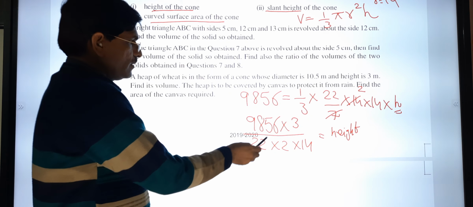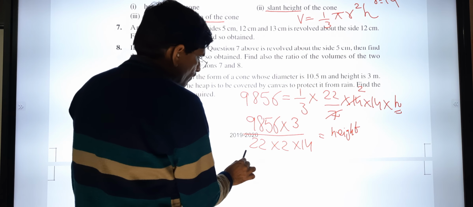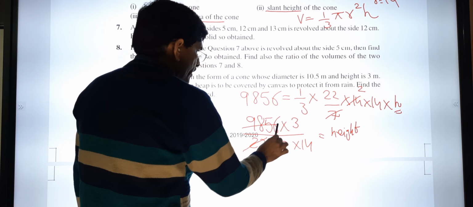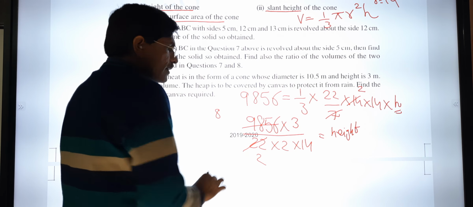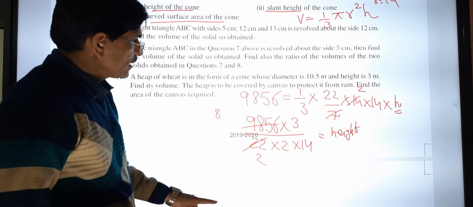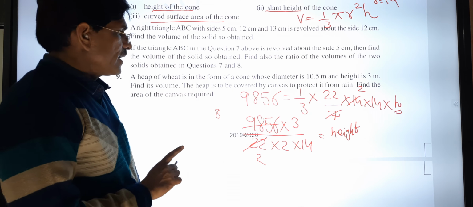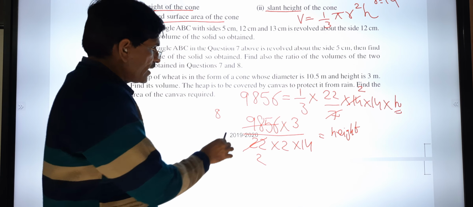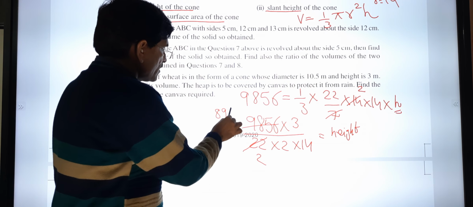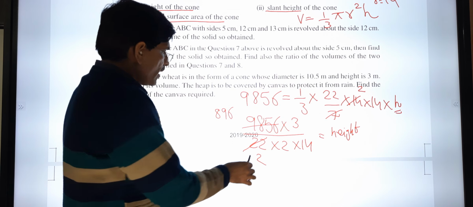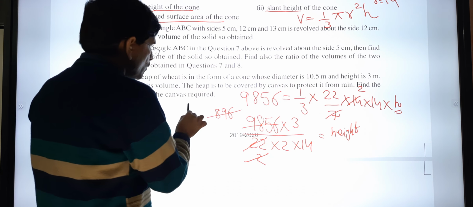Now here we can cancel it by 11. 11 2s are 22, 11 8s are 88, 11 9s are 99, 11 6s are 66. Again we have to cut by 2.